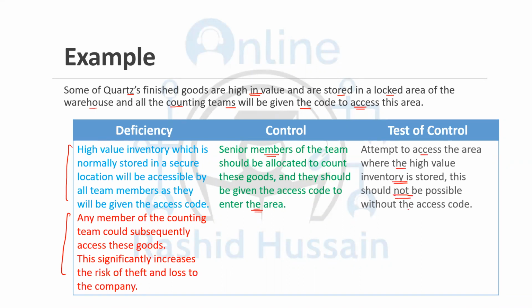This should not be possible without the access code. Just practically go over there and see whether, without having the code, you can access that area. If that is possible, then that means the system is weak. If that is not possible and you need a code to access the area, then that means the controls are strong.